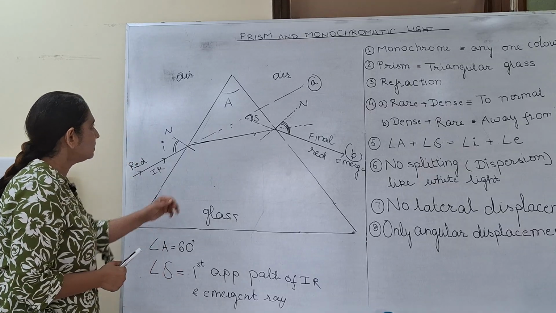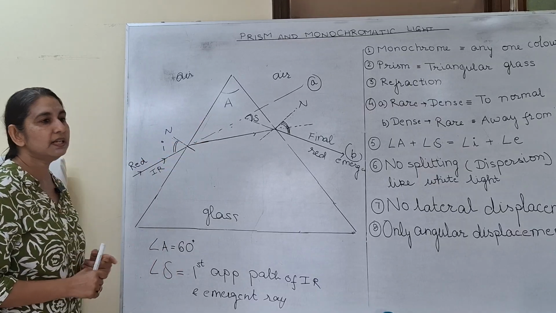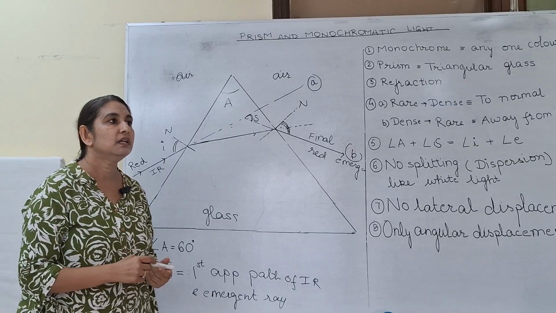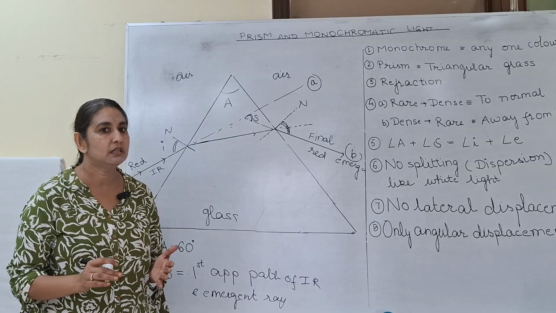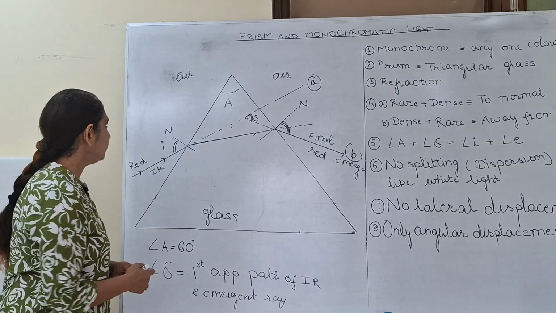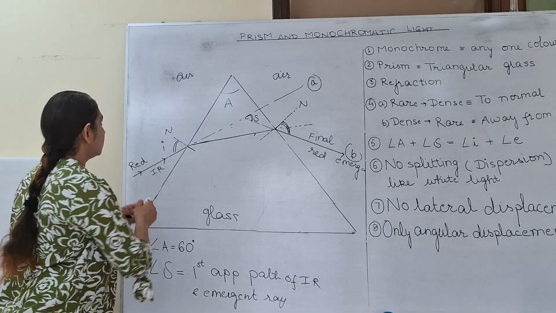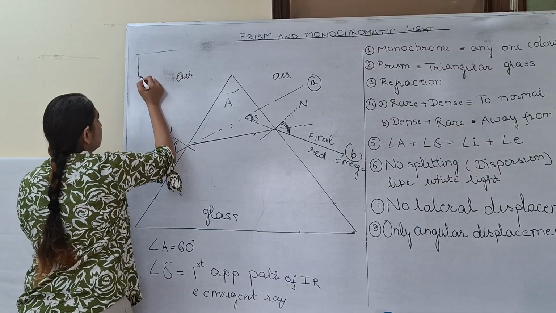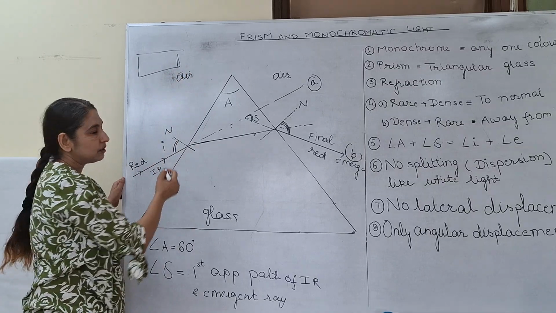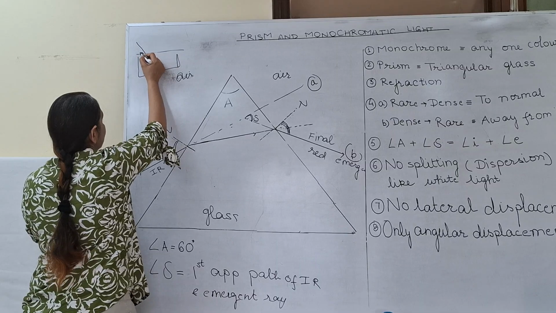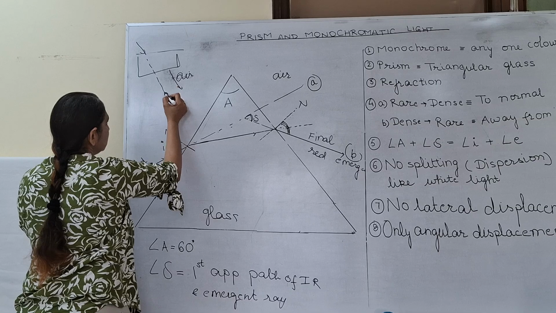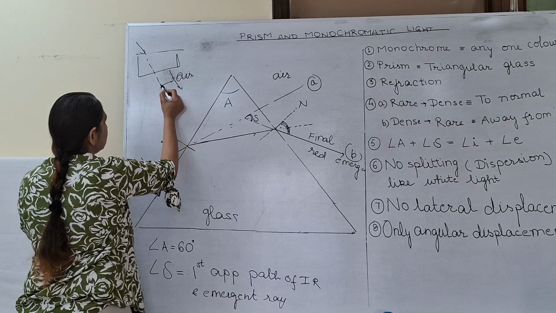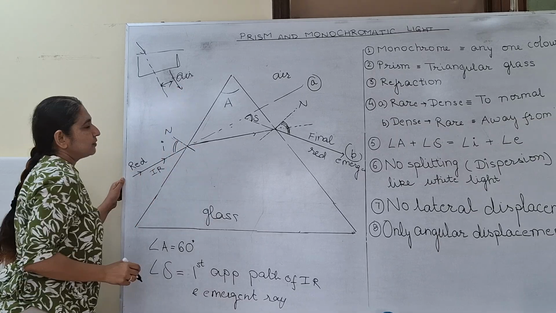Now one important thing about this is that there is no lateral displacement in it. When we studied the rectangular slab, there was lateral displacement, meaning they were parallel. If this was the rectangular slab and the light was coming here, it would go out from here, and this was called lateral displacement.